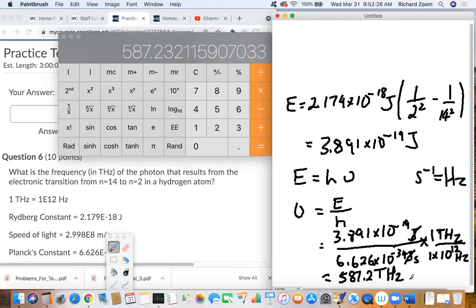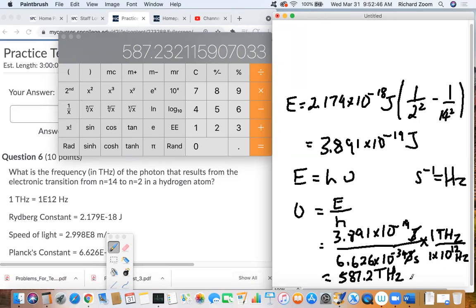All right, so does anybody have any questions, especially about the way that the seconds and the hertz cancel there? That confused me for a second, but it might confuse you too. So I just want to see if you understand now how those cancel. We end up with terahertz at the end. Yeah, it confused me for a second, but then I realized it now.